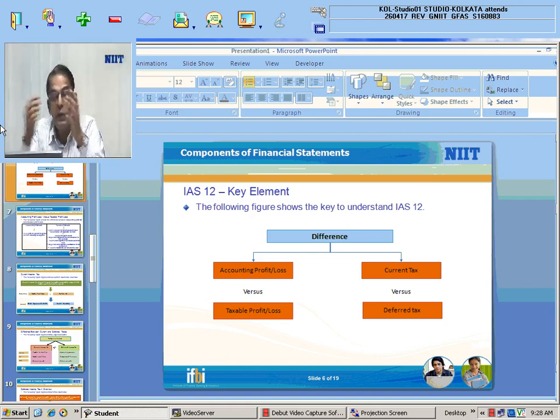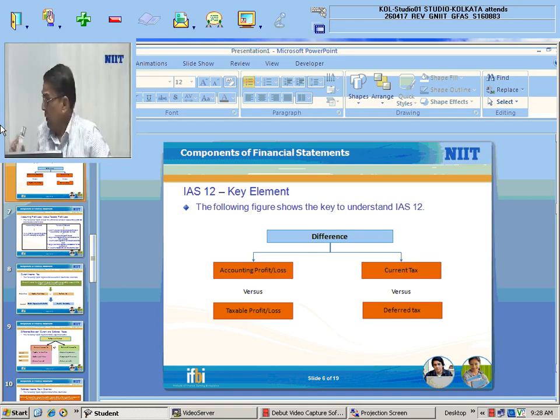The difference between the tax expense and the current tax is the deferred tax, or deferred tax asset or deferred tax liability. The key element in understanding IAS 12 is to understand the difference between the accounting profit and loss and taxable profit and loss on one side, and the difference between the current tax and deferred tax on the other side.